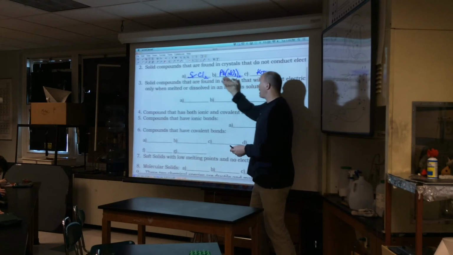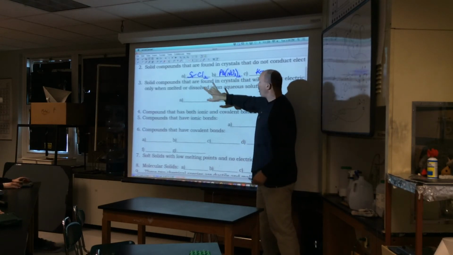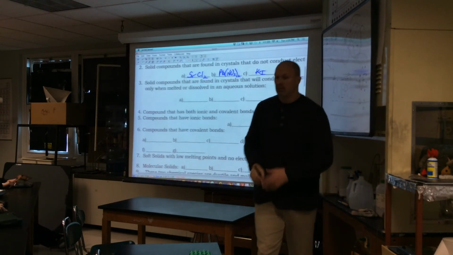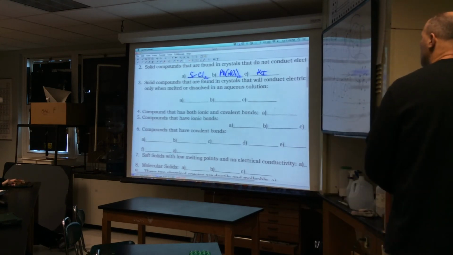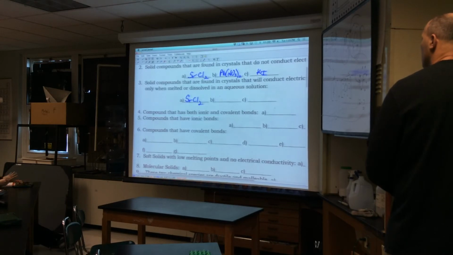Didn't we just say that these are ionic? And don't ionic only conduct when they're dissolved or heated as liquids? Yeah, these are the same three. These are making you think about the properties. Not only do you have to be able to recognize these guys, you have to be able to apply their properties. And they have high melting points because they stick together in that crystal structure.